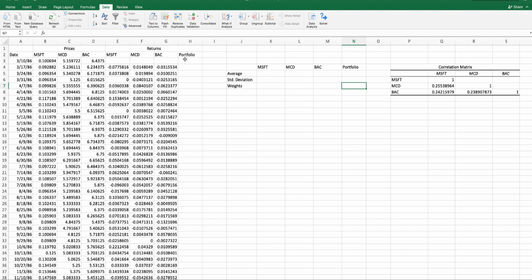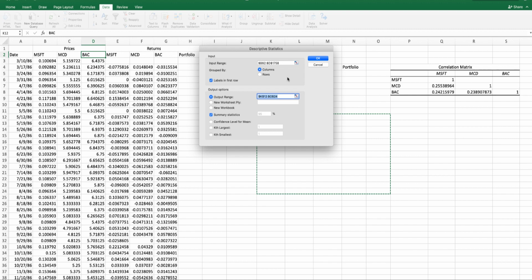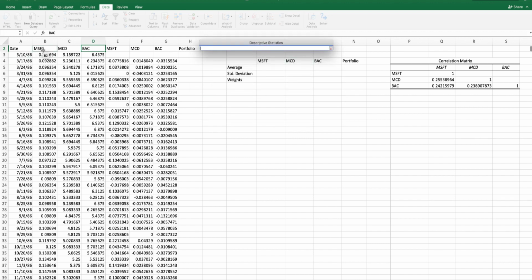First, we are going to create the descriptive statistics for stock prices. If you choose the option to get statistics data, it can give you the max, min, average, mode. Okay. So again, input range. In this case, we won't create the descriptive statistics for the returns, but instead for the prices.